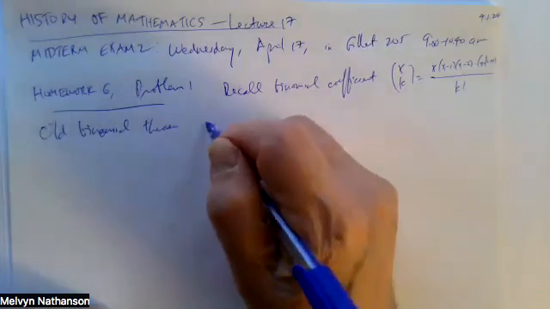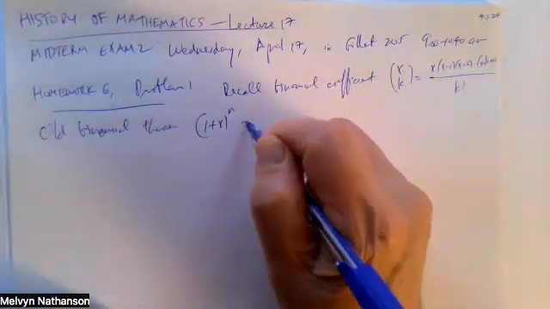And the old binomial theorem says how to expand 1 plus x to the power n.